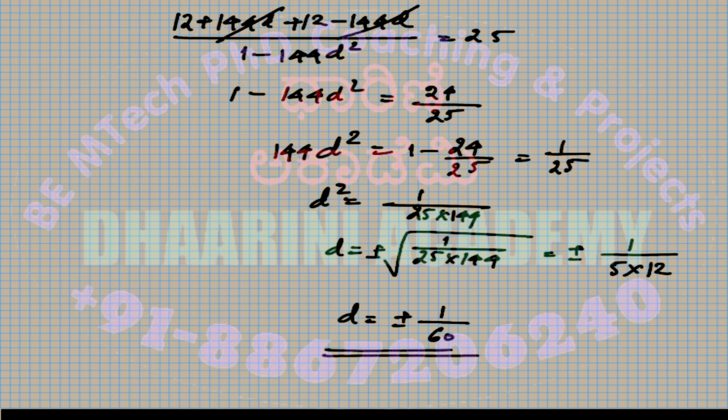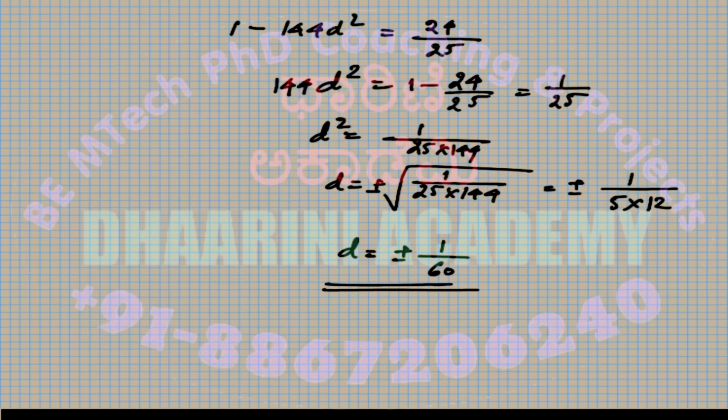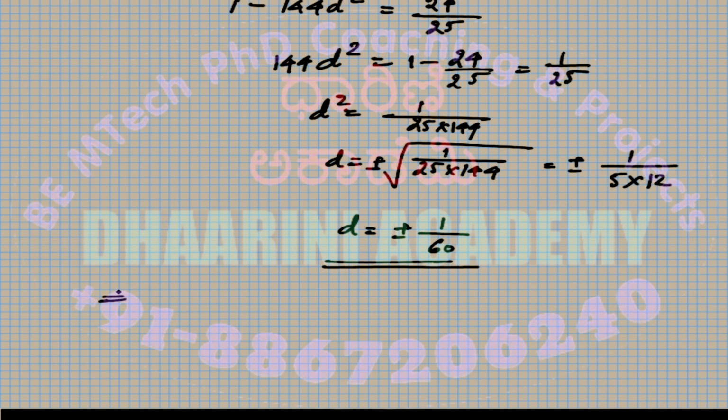Therefore, what is A minus d? A is equal to 1 by 12. You can write the d as negative or positive.